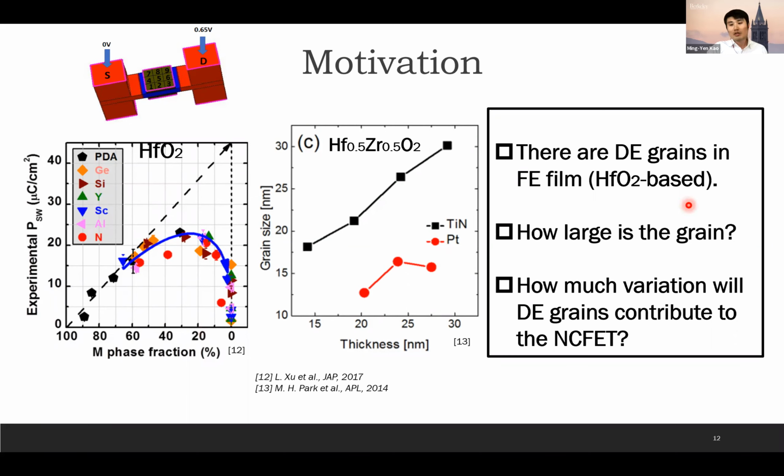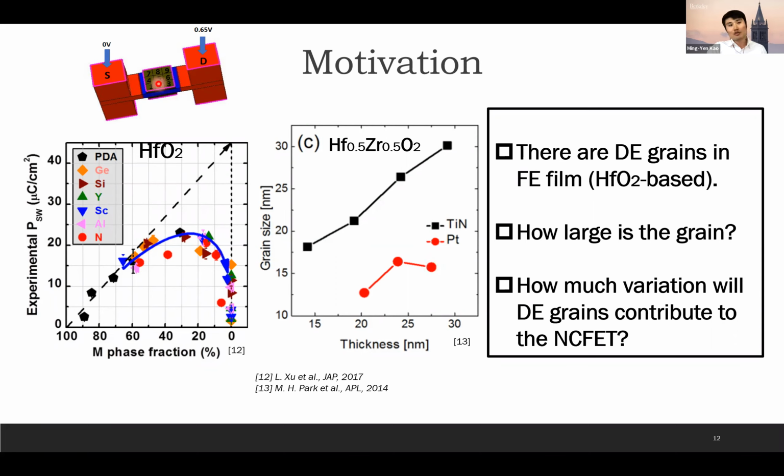And the second point is that we have to know how large the grain is, because we have to design our geometry for the simulation, right? In this plot, this is a grain size versus thickness plot, and we can see the trend that for this hafnium zirconium oxide on two different metal bases, the grain size is roughly at the same magnitude as the thickness.